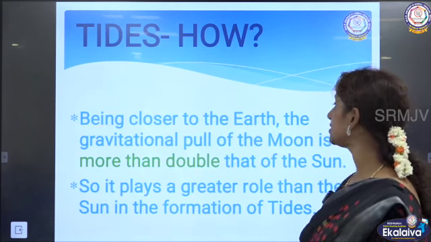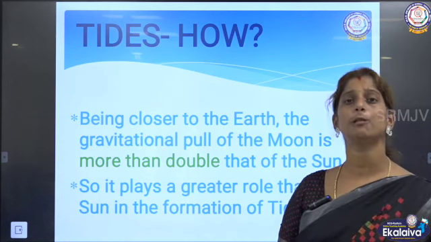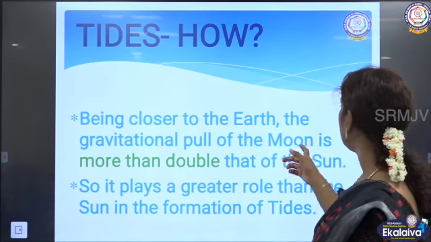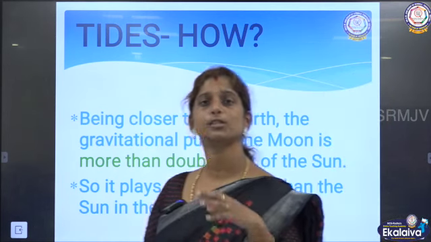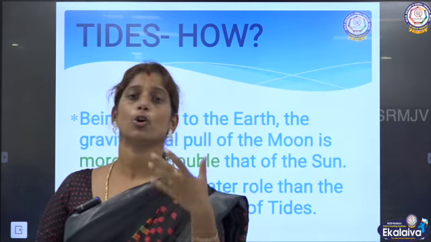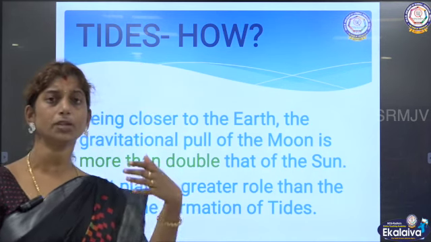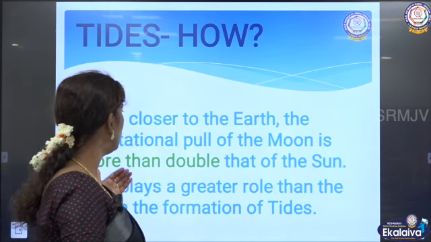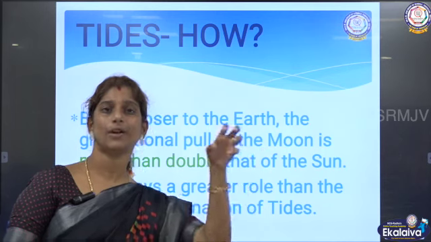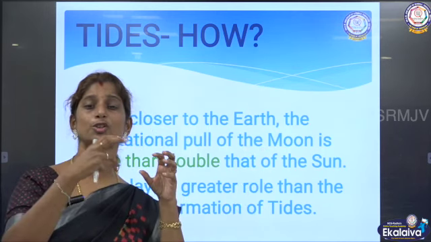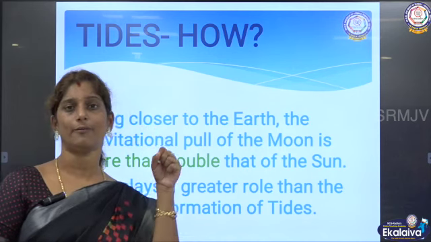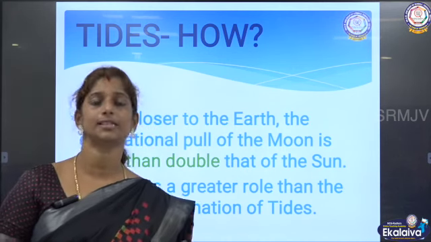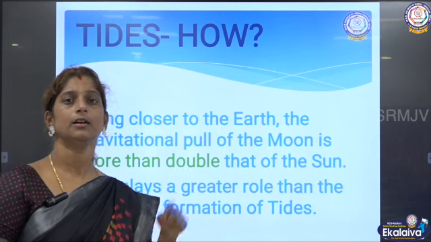Being closer to the earth, the gravitational pull of the moon is more than double that of the sun. So the gravitational pull is not only from the moon but also from the sun, okay. But as the moon is very near to the earth, the power of its gravitational force is more than double that of the sun.